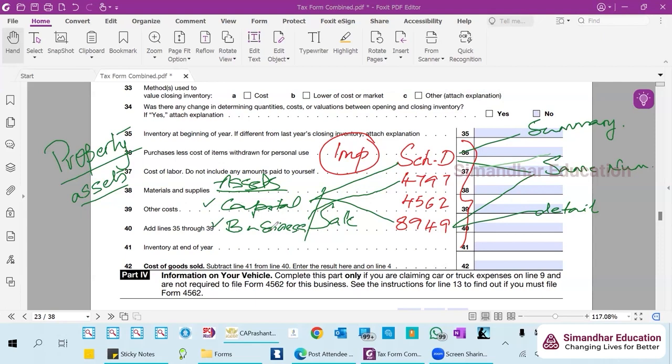It would be capital gain or capital loss. Where would I be reporting them? On my 8949 and Schedule D. Now, if it's a business asset, where would I be reporting the gain or loss on the sale? On 4797.